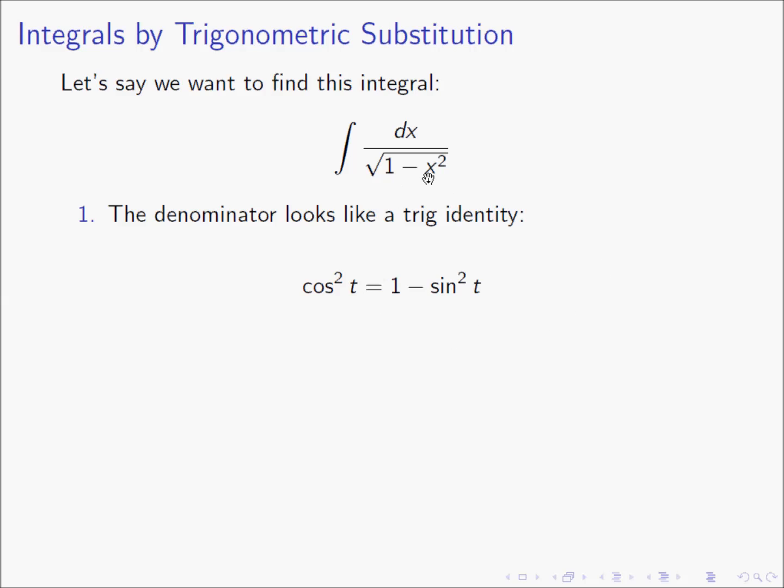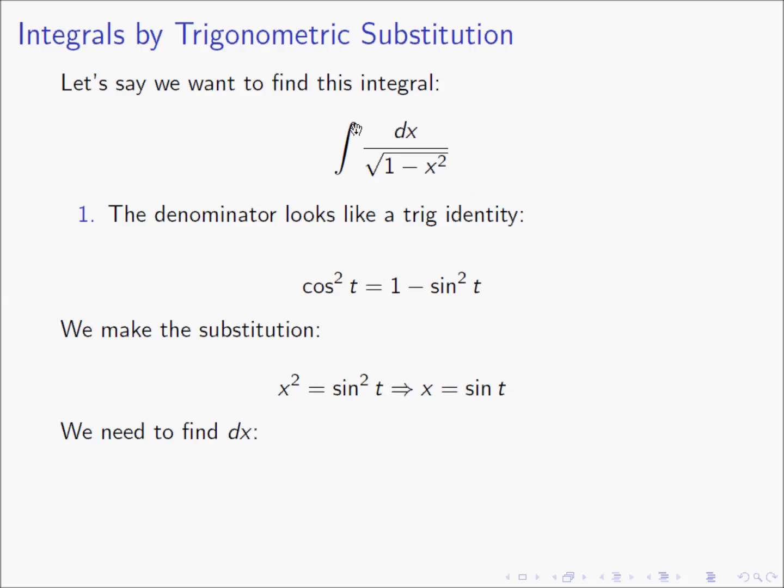And this expression inside the square root looks very much like the right side of this equation. So what we're going to do is make the substitution: x squared equals sine squared of t. If x squared equals this, x should equal the square root of this, that's sine of t.